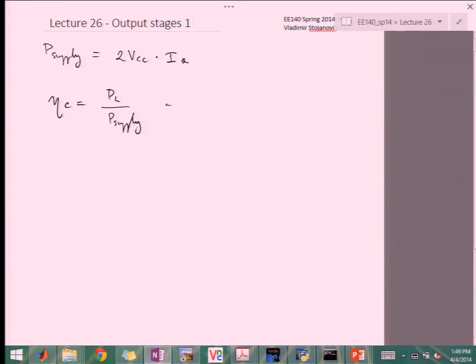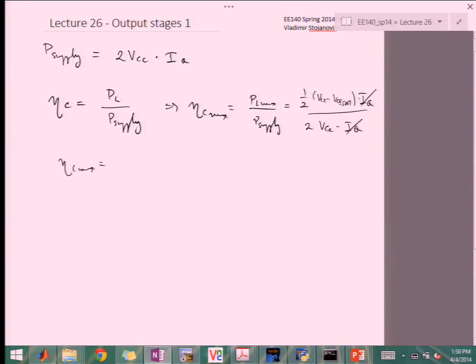The maximum one we can get is PL max over P supply, and that is 1/2 times (VCC minus VCE sat) times IQ, over 2 VCC times IQ.